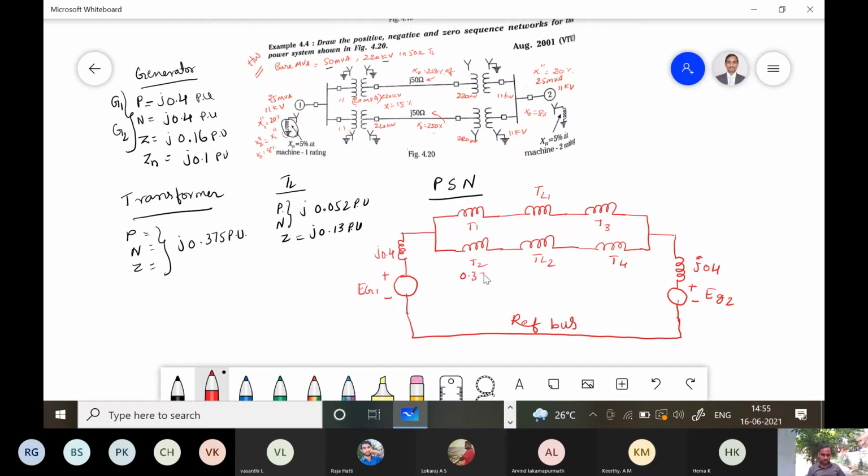For the transmission lines, positive sequence network J0.052 per unit each. Okay, this is your positive sequence network.